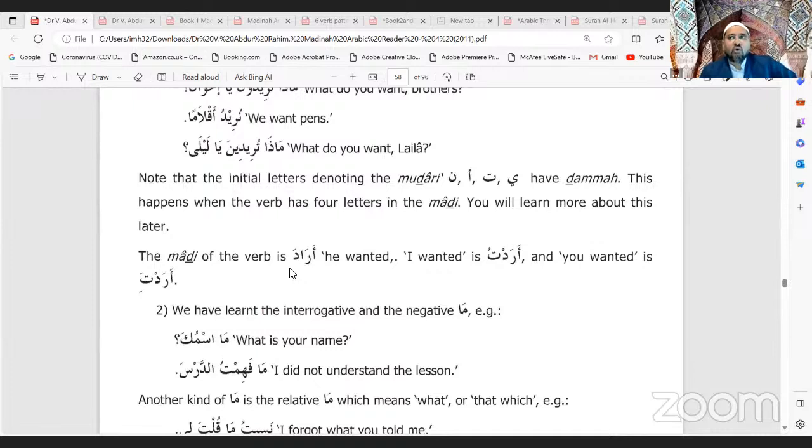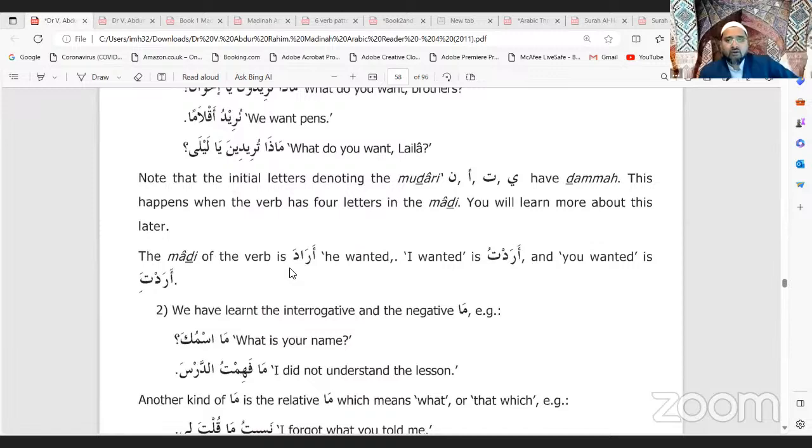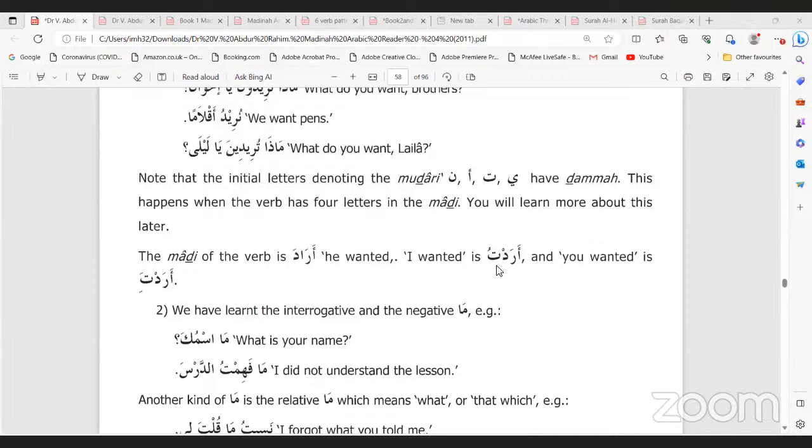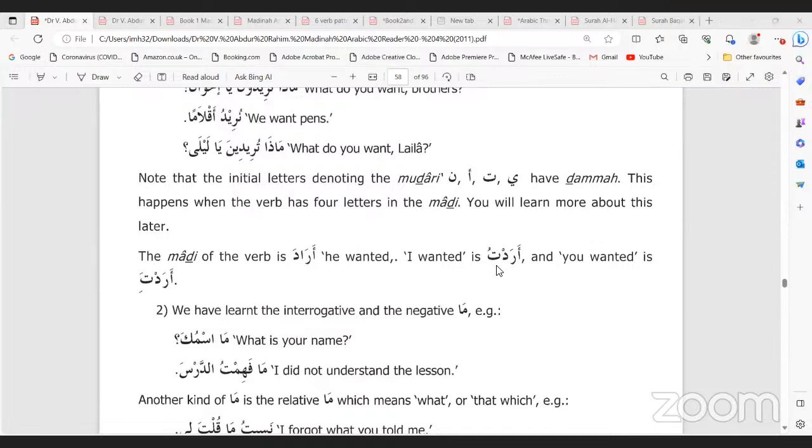And how do you say they all wanted, boys? It will be aradu, with a waw at the end. Exactly. And they all females wanted? Remove this ta and put a noon with a fatha at the end: aradna. Exactly. They all females wanted is aradna, and they all boys wanted, aradu. Excellent.